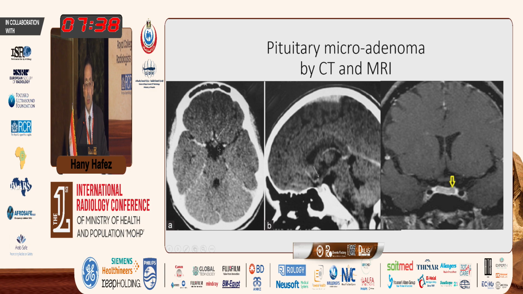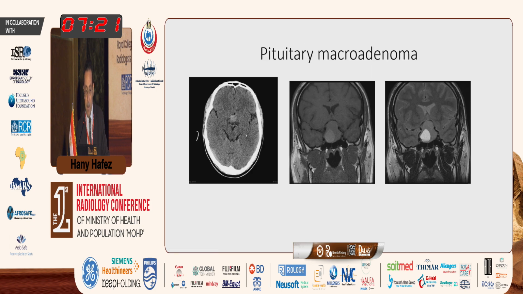It is so difficult to define pituitary microadenoma by CT scanning, also in sagittal scanning, but in dynamic MRI it is the focus which is less enhanced. Also, for macroadenoma, CT scanning does not show the extent of the lesion, which is seen encroaching upon the suprasellar cistern and optic chiasm.